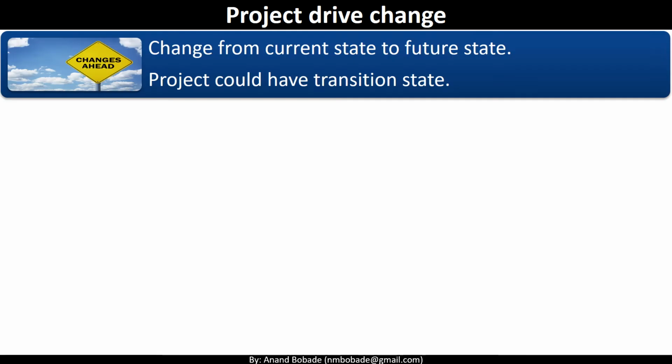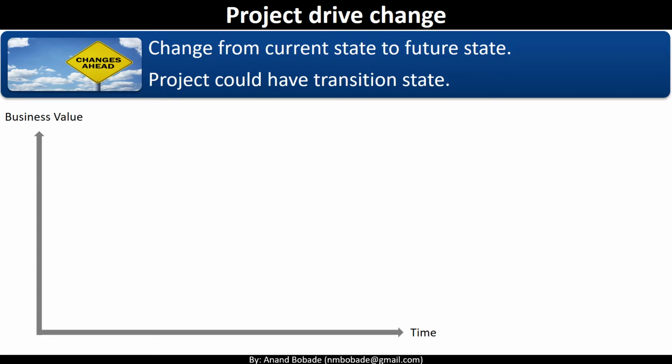Why are projects undertaken? Projects drive change from current state to future state. Look at the diagram. We have business value on the y-axis and time on the x-axis. Think of an organization. Each organization has a certain current state, and the current state has its own business value associated with it.